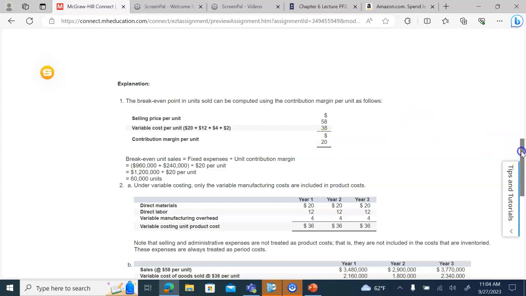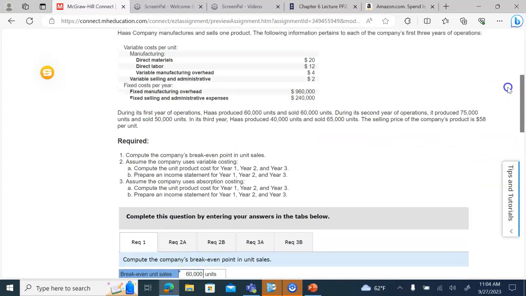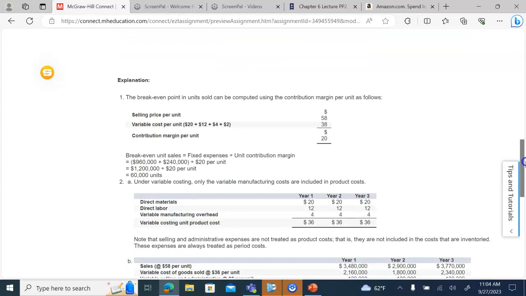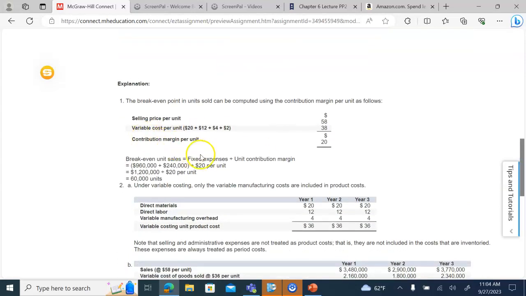If our fixed costs are the $960 plus the $240, right? So the $960 and the $240, we're talking about $1,200. $1,200 divided by 20 bucks per unit means we've got to sell 60,000 units just to break even, right?